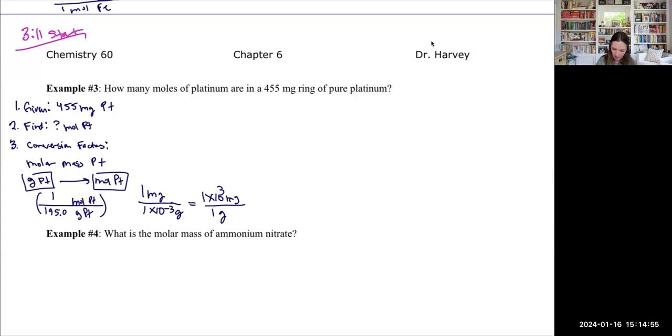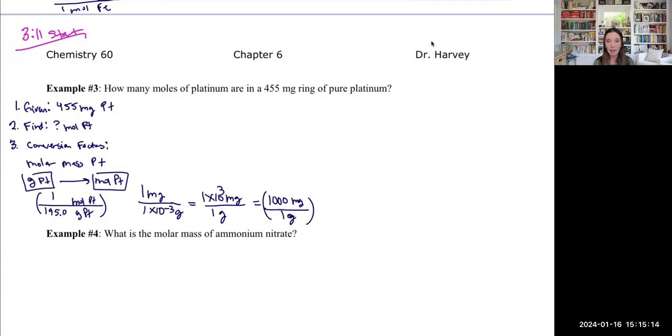And that'll be helpful because we're going to use milligrams to grams and milliliters to liters a lot. And remember, 1 times 10 to the third is 1,000. So that's a conversion that I do a lot, that 1 gram contains 1,000 milligrams.